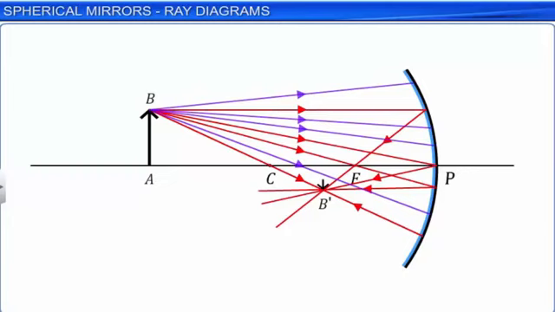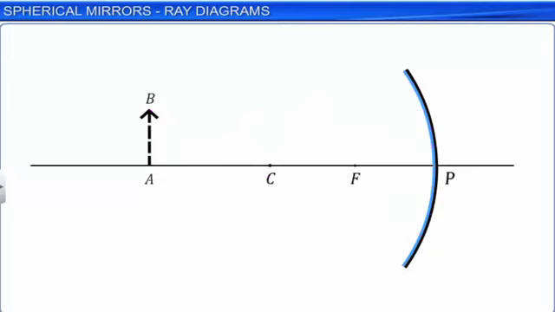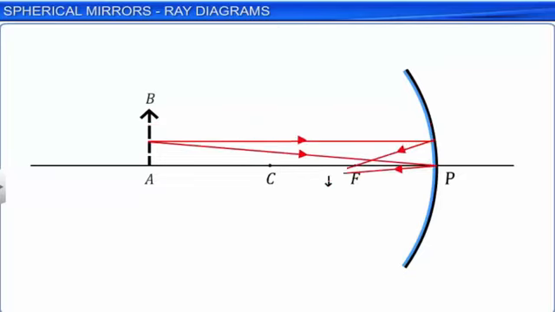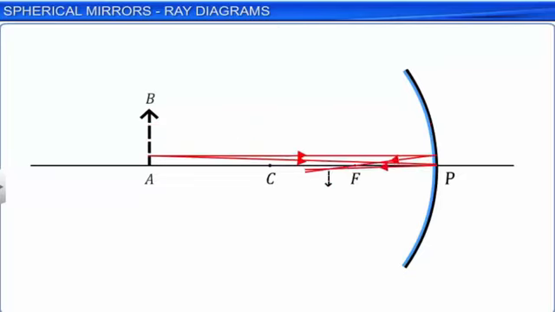By treating object AB as a combination of many point objects and by finding the images corresponding to each of these point objects, we can find the image of the whole object AB as A dash B dash. Thus, the image of an extended object has a point-to-point correspondence with the object.